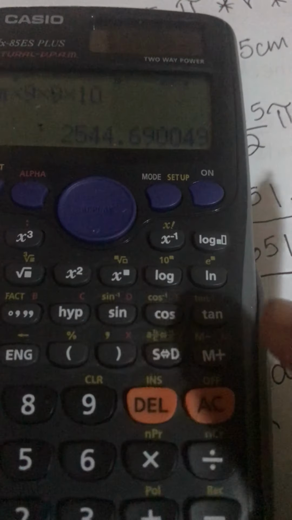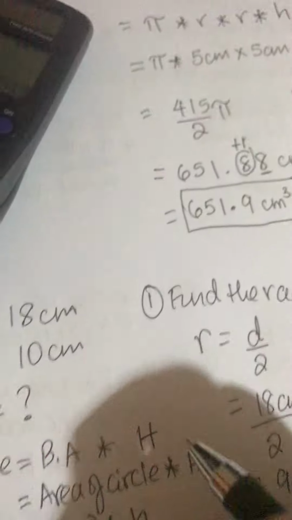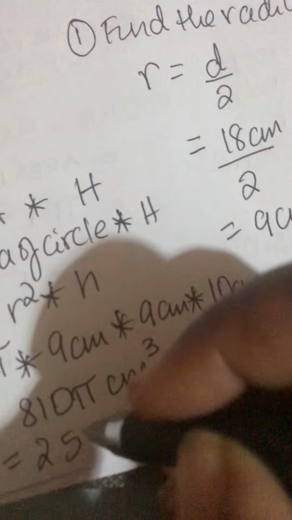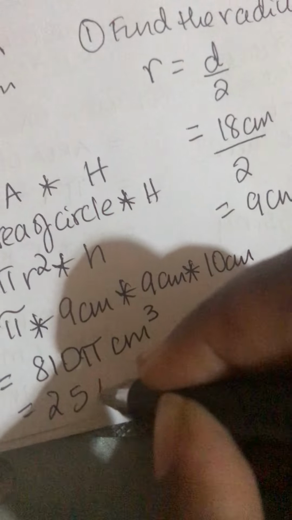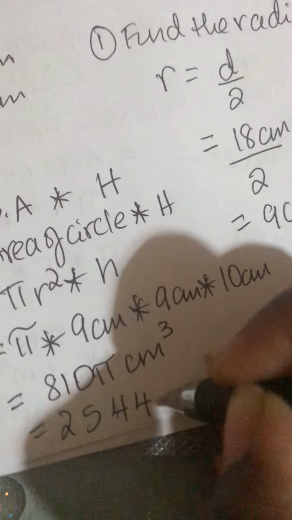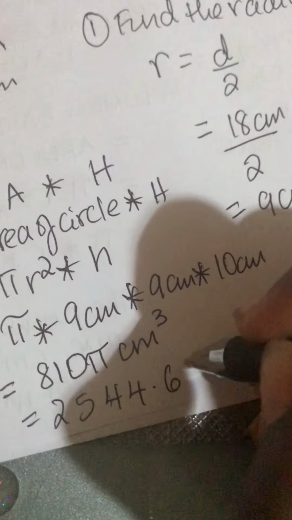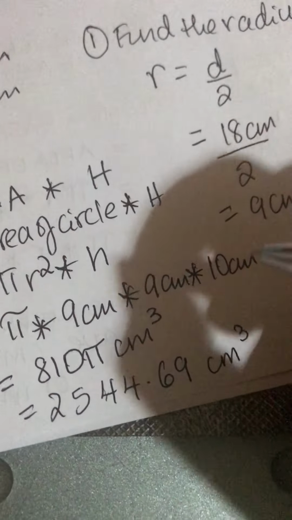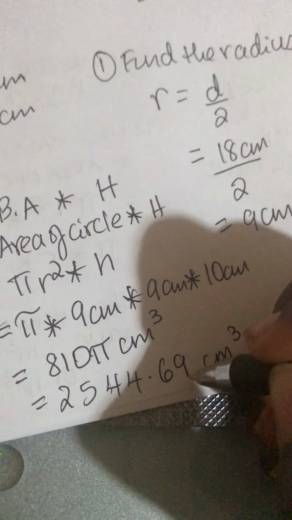Then I press my SD, and this is 2,544.69 centimeter cubed. And then I'm going to round to the nearest tenth.